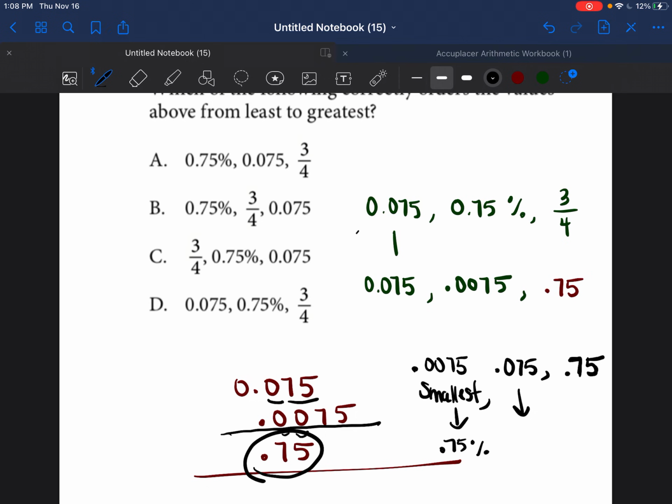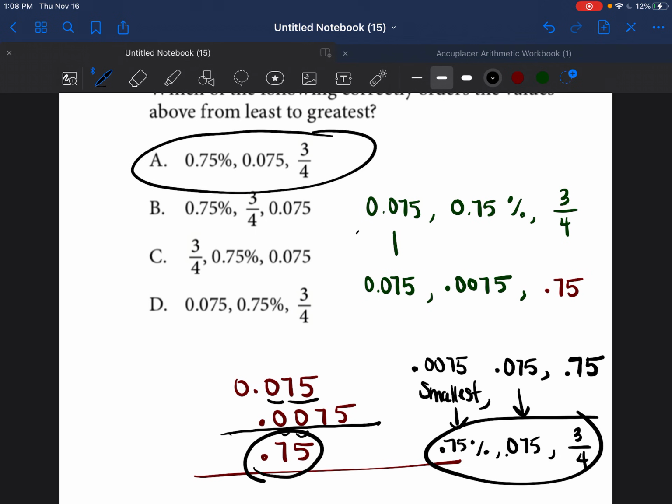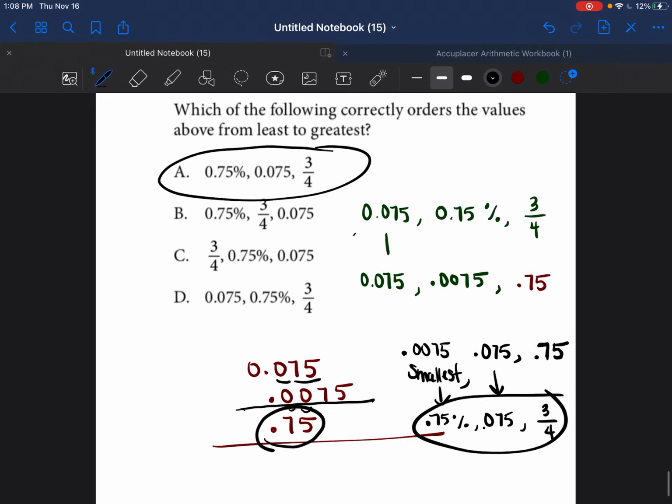This 0.075 was written as that decimal, so we're going to keep it as 0.075. And then this 0.75 was written as 3/4. So now we know the order from smallest to greatest. So we're going to go ahead and find that 0.75%, 0.075, and 3/4. So our answer is going to be A.